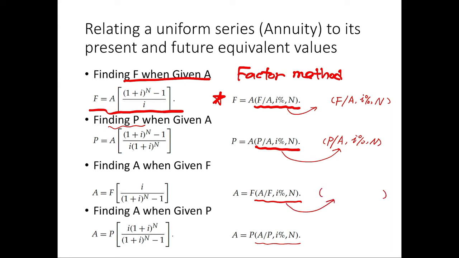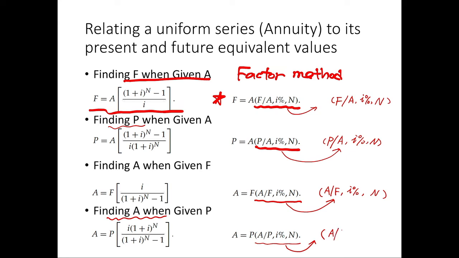Now let's continue to practice this. For the third scenario, you want to find A when given F. So you want to put A at the beginning, slash F. And then you also know the interest rate and number of periods. Now let's try this. The case is you want to find A when given P. So A is the beginning letter.